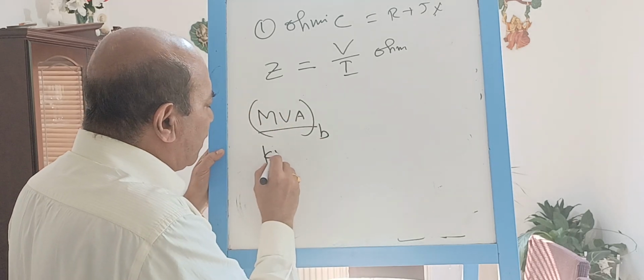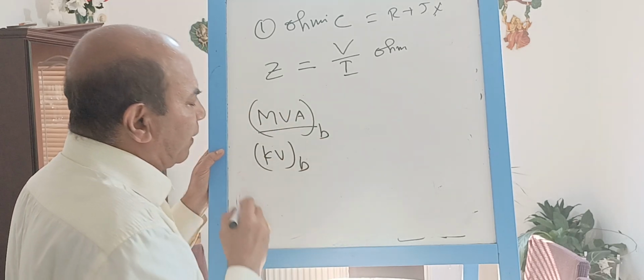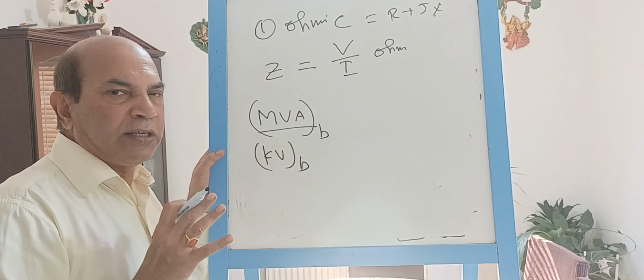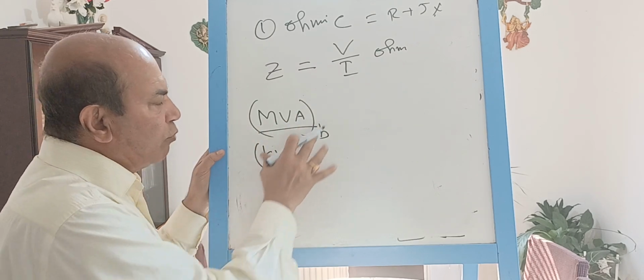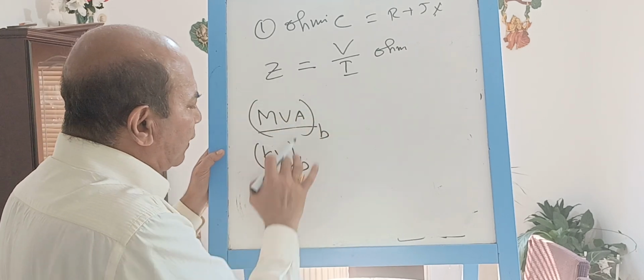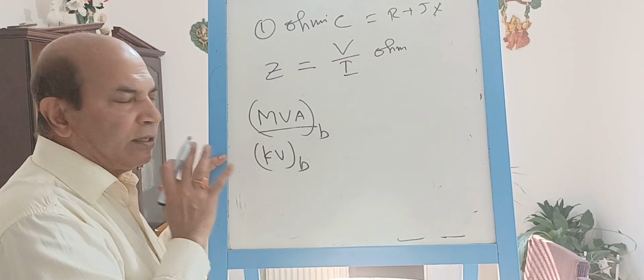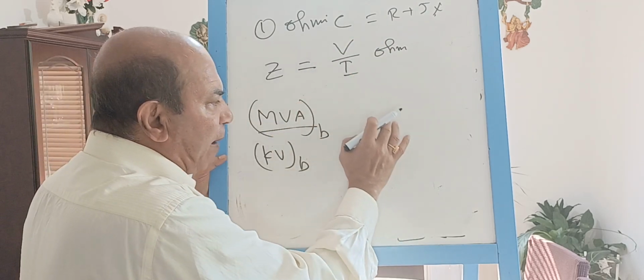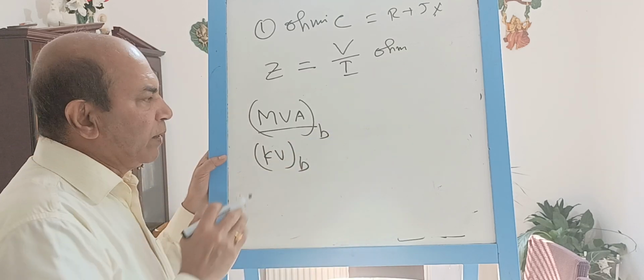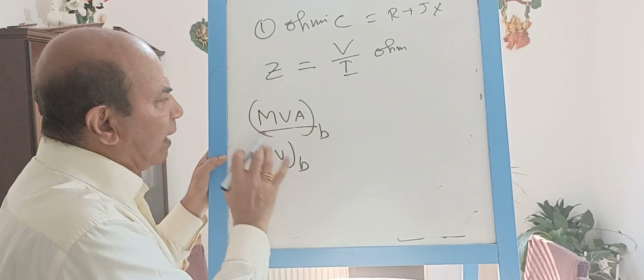The other is kV, we consider a base kV. Generally we choose these two values in such a way that most of the units can be covered with them. That is the basic consideration when you go for the per unit system or percentage system. So base MVA and base kV we have to consider.